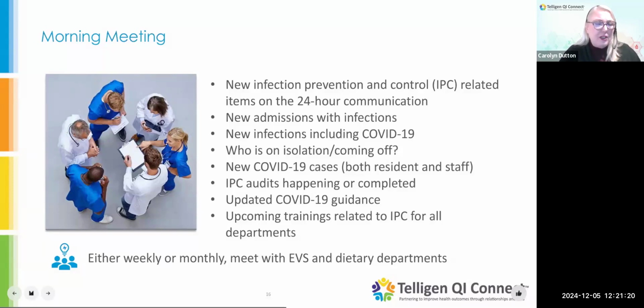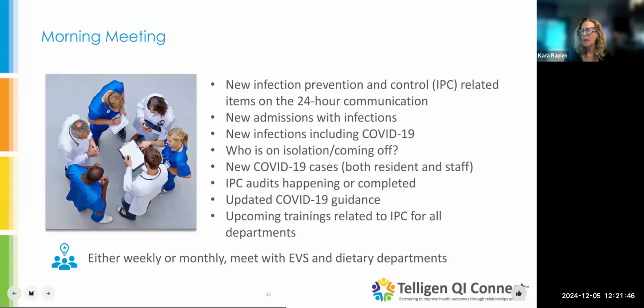And making sure that any new environmental services or dietary staff receive the proper education on facility infection control policies for their daily responsibilities and for COVID. Also, follow up if any audits have been done in those departments, and use those audits to identify any gaps for quality improvement.